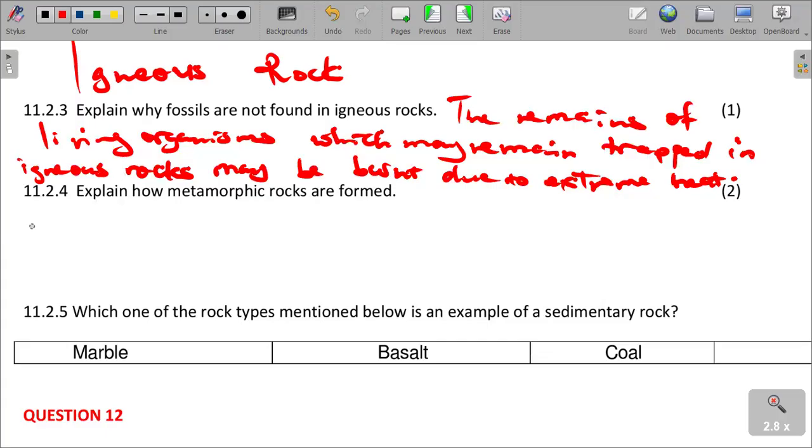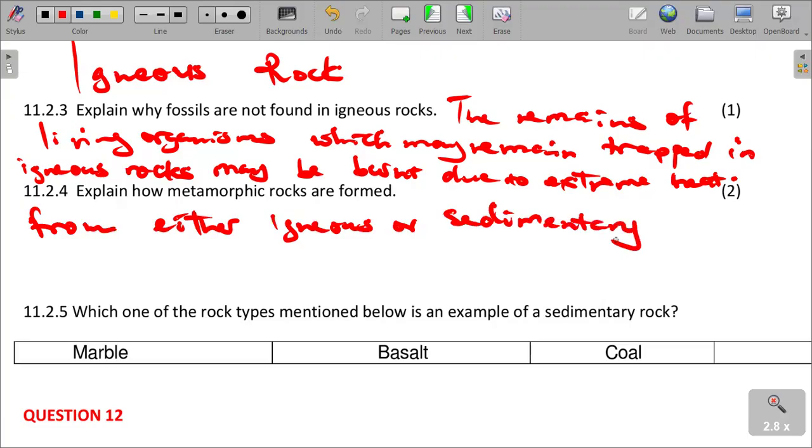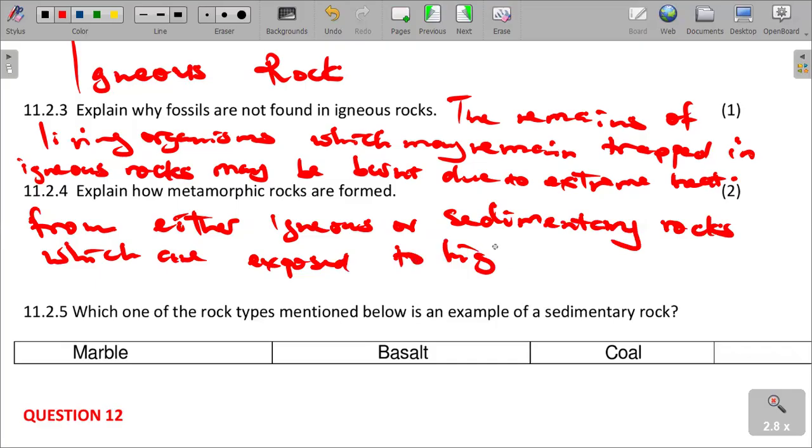These are formed from either igneous or sedimentary rocks exposed to high temperatures and pressure.